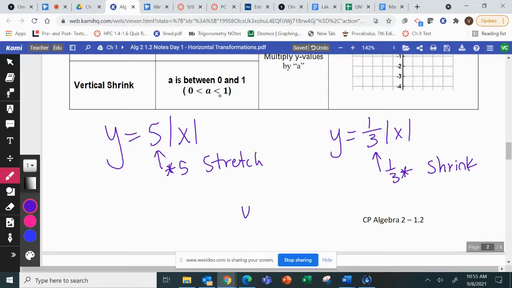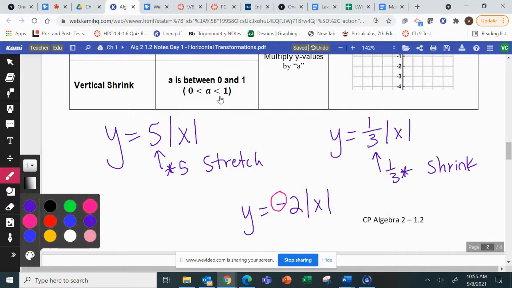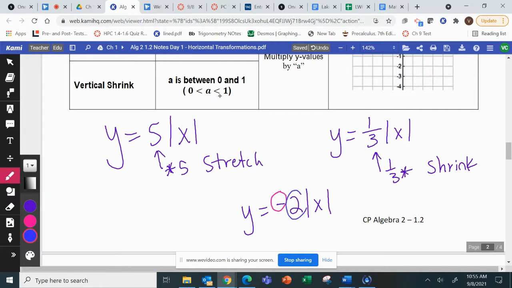If I have y equals -2 absolute value of x, this is not one transformation. -2 is not one single transformation. The negative part is separate from the 2. You guys should be able to tell me right now, what does the negative do?